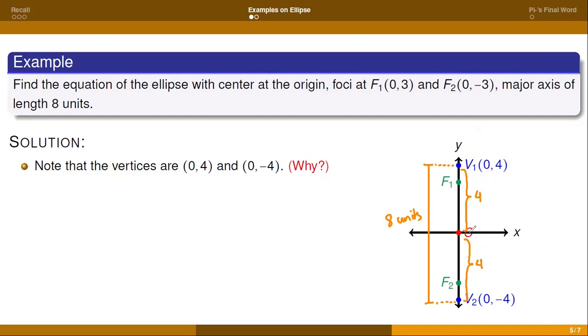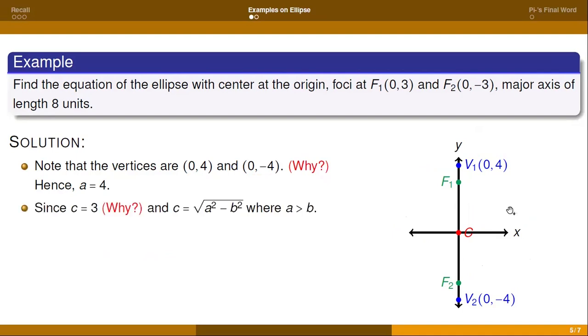So this means that from the center, the origin, which we know to be (0, 0), we just add and subtract 4 to its y coordinate to obtain (0, 4) and (0, -4) out here. So given that, we know that A in our equation earlier is 4, and moreover, we also know that C is equal to 3. And how did we obtain that? Again, A here represents the distance that we add from the center to obtain the vertex.